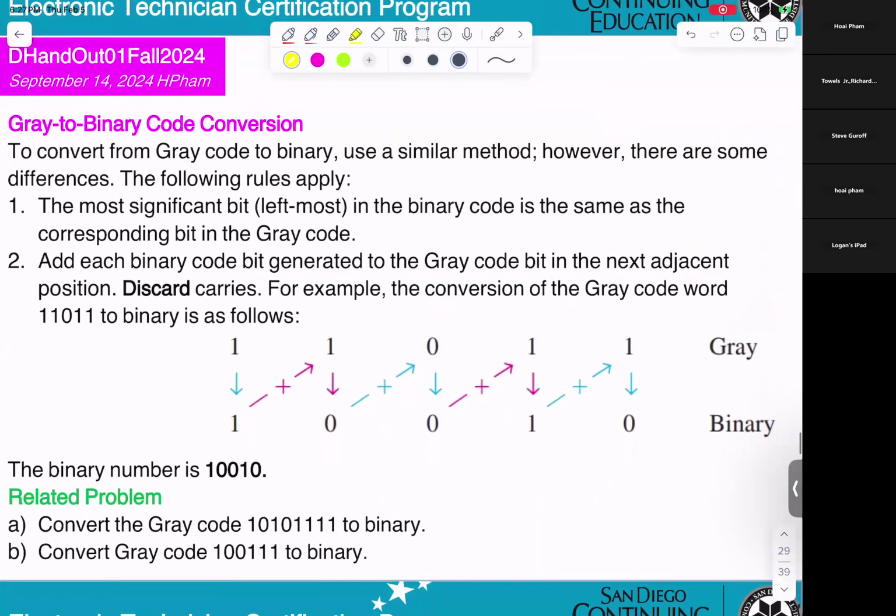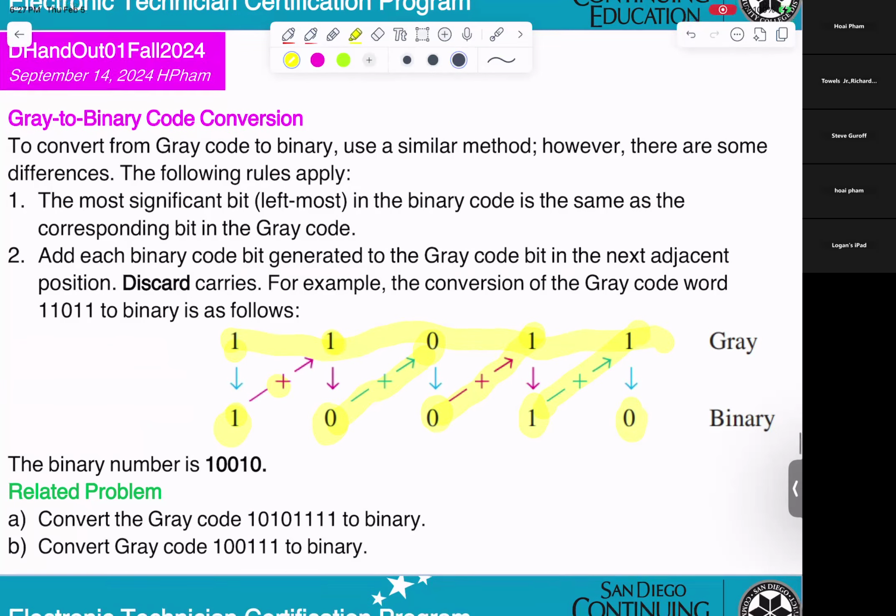And this will be gray to binary. If you get a gray code here and want binary, first the 1, put it down here. Then 1 adding to 1, you get a 0, no carry. 0 adding to 0, you get a 0. 0 adding 1, you get a 1. 1 adding 1, you get a 0, no carry.